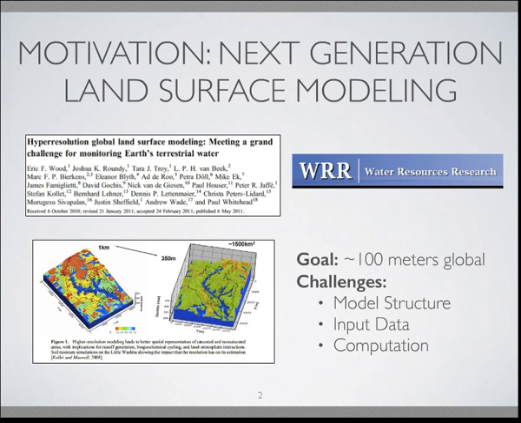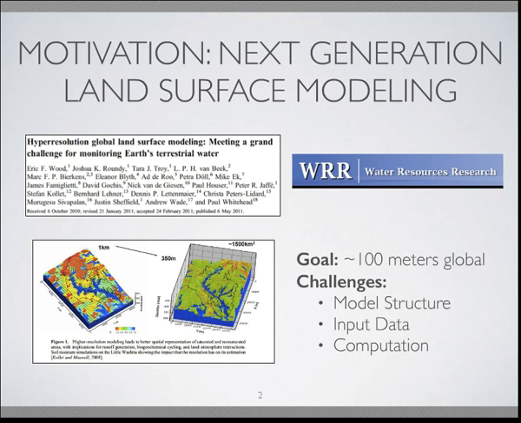And the idea is, as a goal, can we take hydrologic modeling down to the 100 to sub-100 meter scale globally? The challenges that they came up with were model structure, how we parameterize these processes needs to improve so we can actually model those scales.